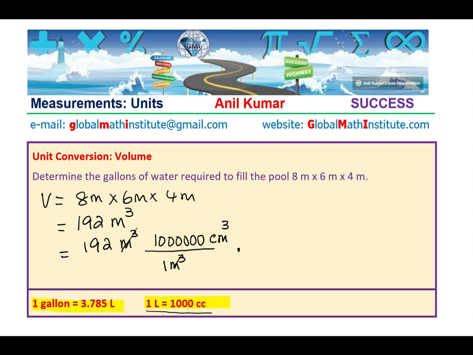Do you see that? Now 1 liter is 1000 centimeter cube, right? We'll have to cancel this centimeter cube, right? So we'll write down here 1000 centimeter cube is 1 liter. So we got 1 liter, centimeter cube can be cancelled.